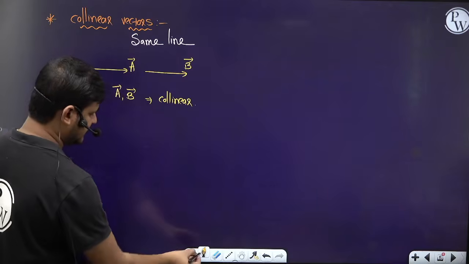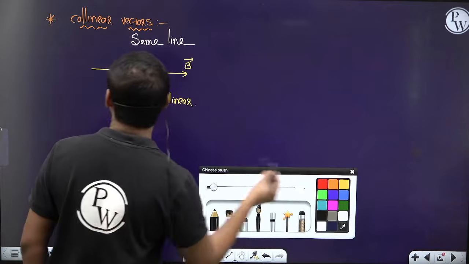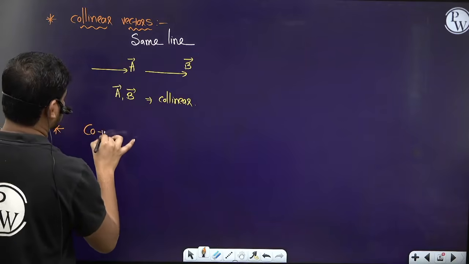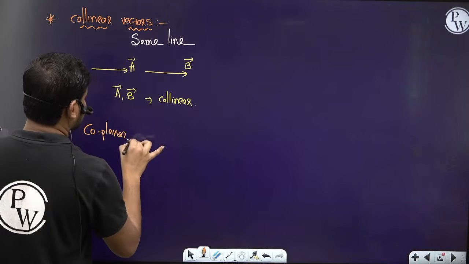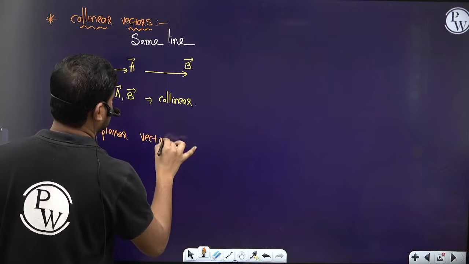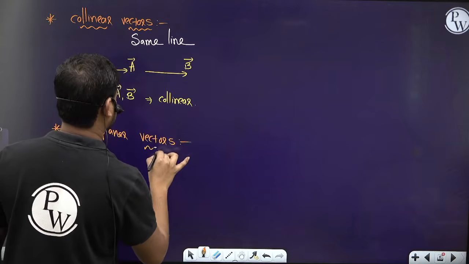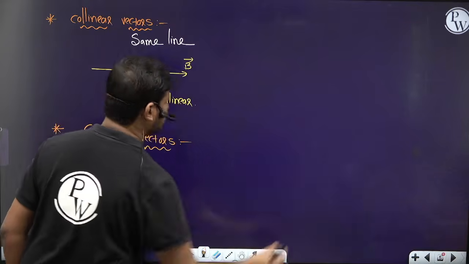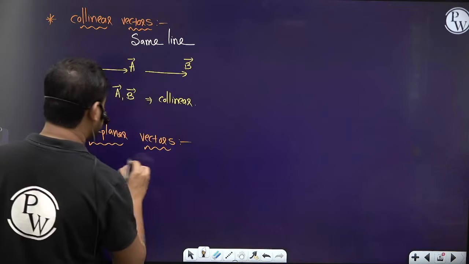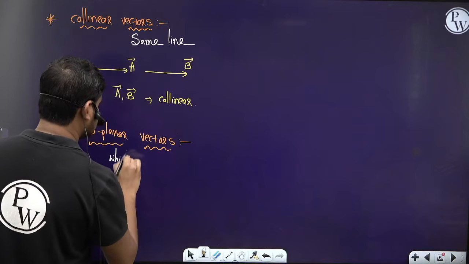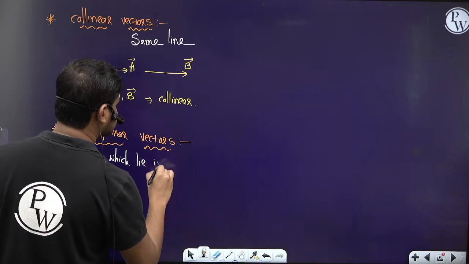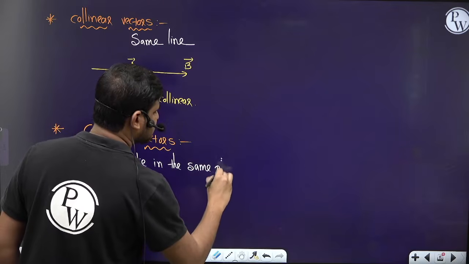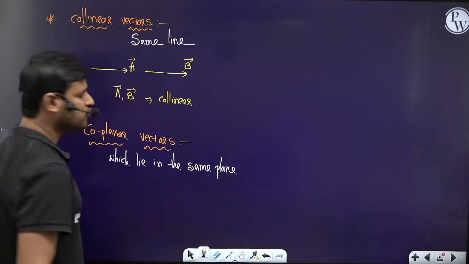Clear? And then the next type of vectors, coplanar vectors. What does it mean by coplanar vectors? Those which lie in the same plane. The vectors which lie in the same plane are said to be coplanar vectors.